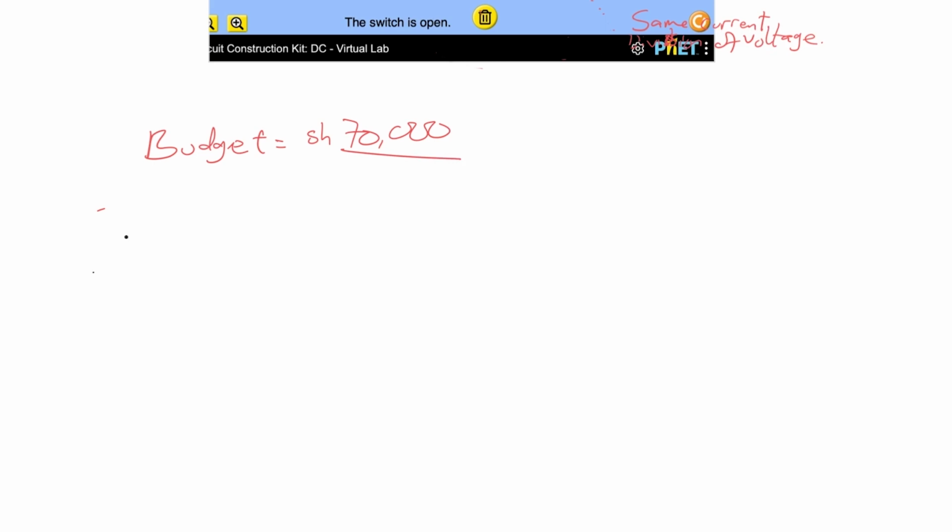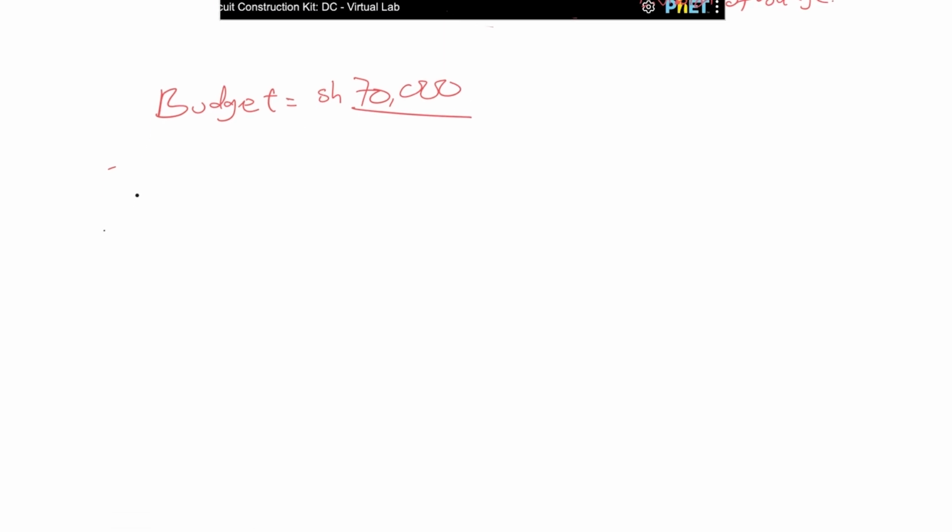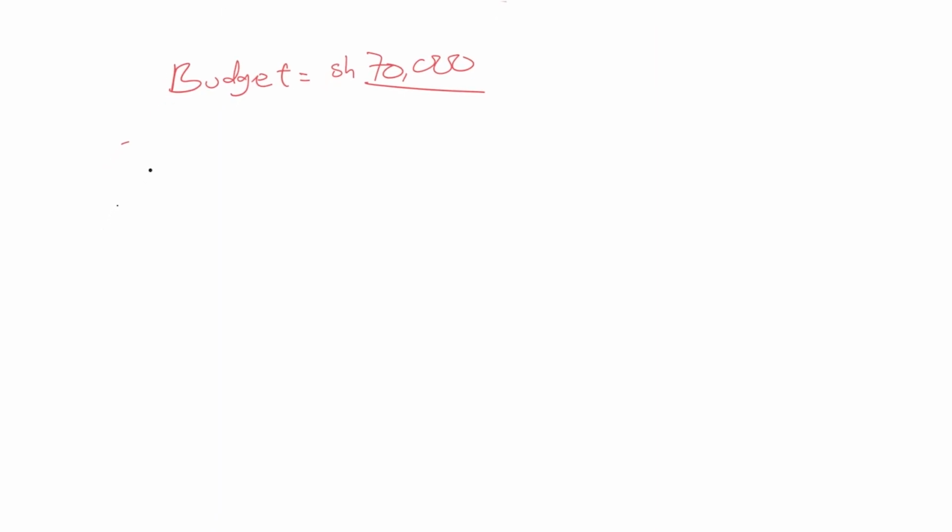So this is what we have for the cost of electricity for a week. Now let us try to calculate what will be the total amount that will be required for us in running.